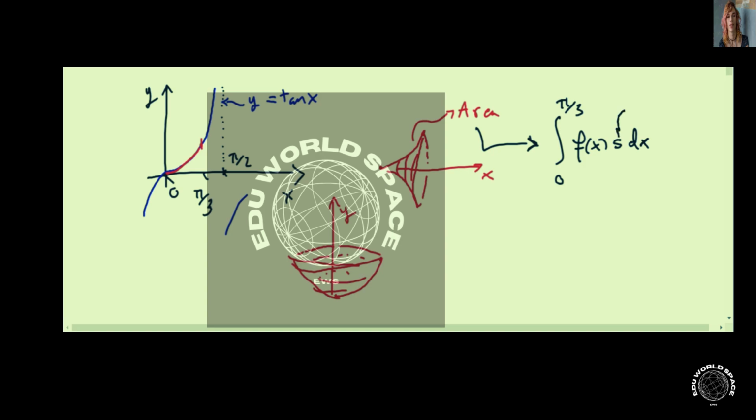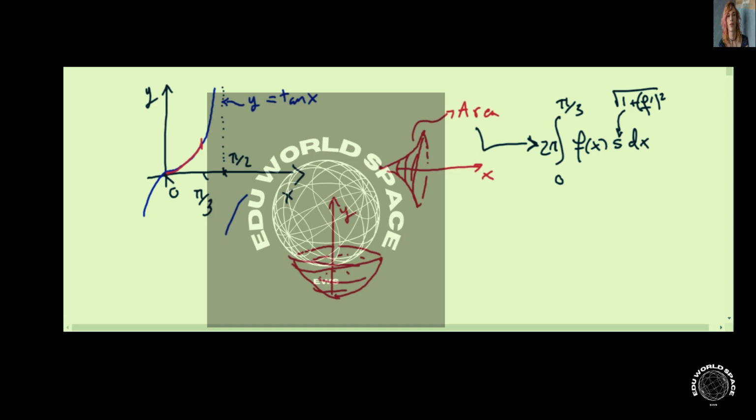So the length of this curve would be square root of 1 plus f prime squared, and well, that times 2 pi. So that is the formula for this rotation about the x-axis.